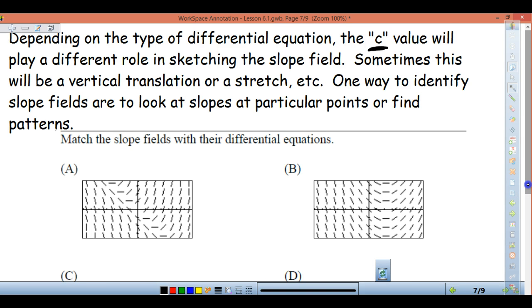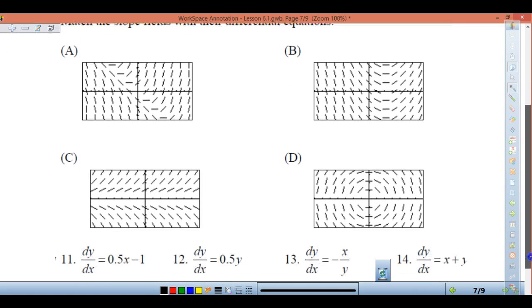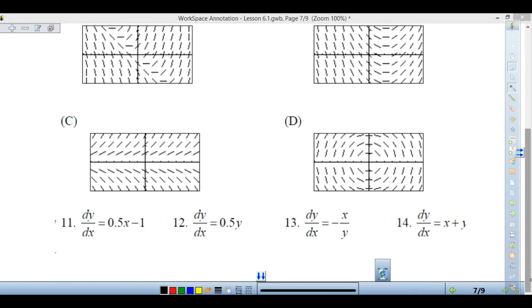So what we're going to do is I'm going to give you here 4 slope fields and 4 differential equations to match them to. How we're going to identify what they match to is to actually try to find some slopes of tangent lines and try to see which slope field that seems to match up with the best.